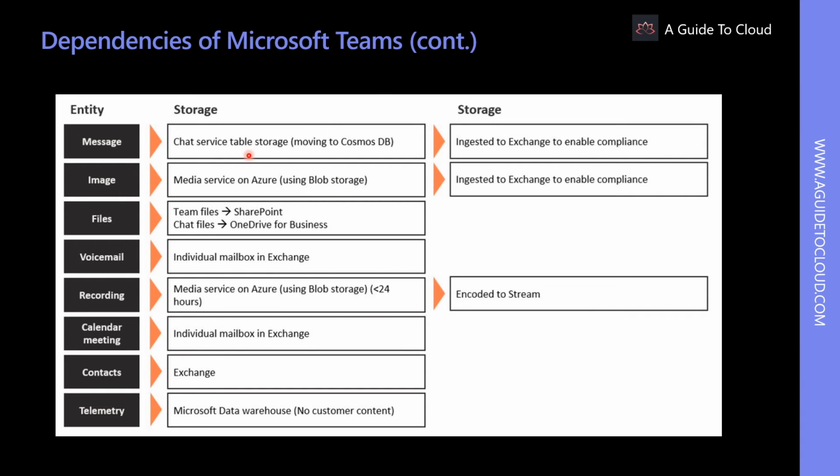The following diagram provides an overview of types of data produced by using Teams and where they are stored. If you look at files, files are stored either in Teams files on SharePoint and chat files on OneDrive for Business. If you look at contacts, it's on Exchange, meeting information on individual mailbox in an Exchange database, voicemail on your mailbox in Exchange as well.